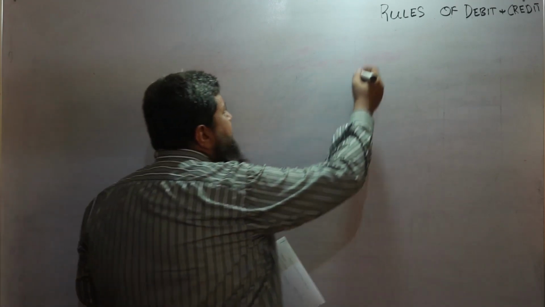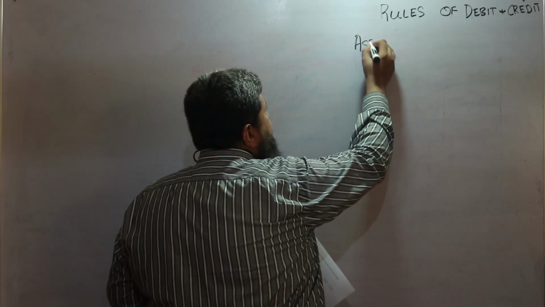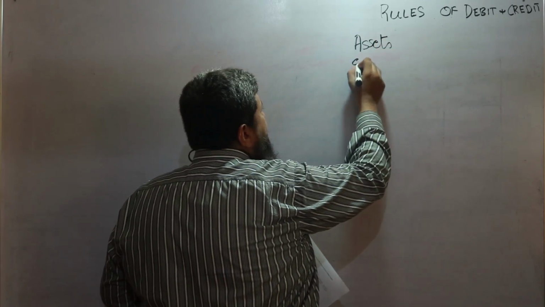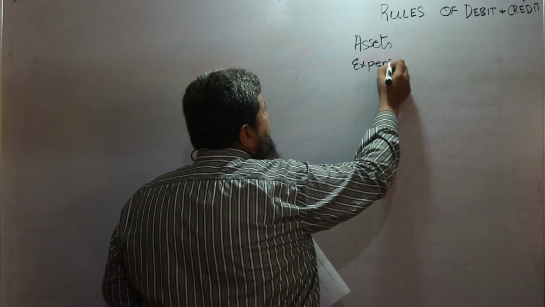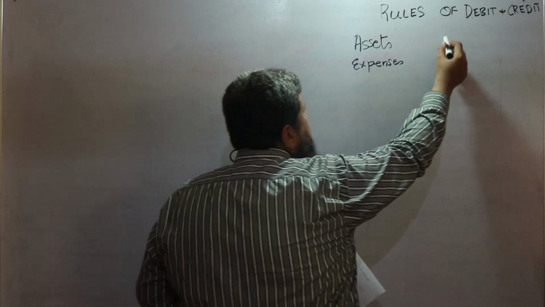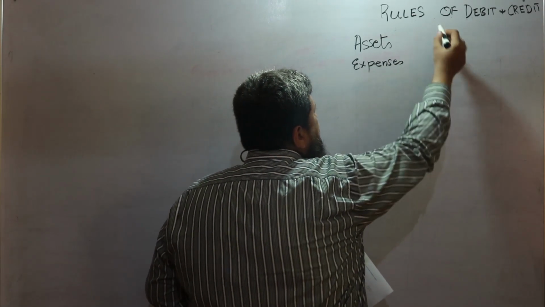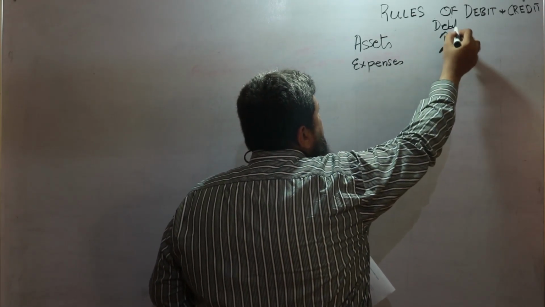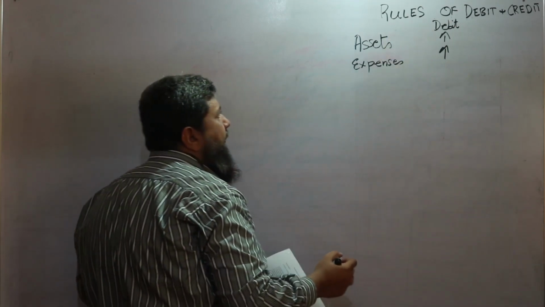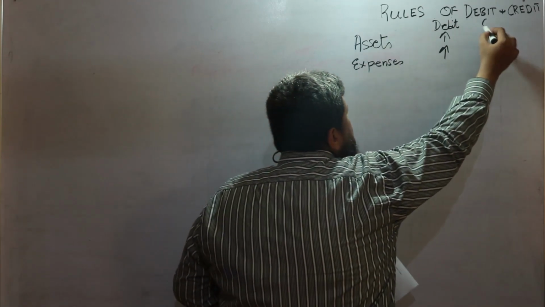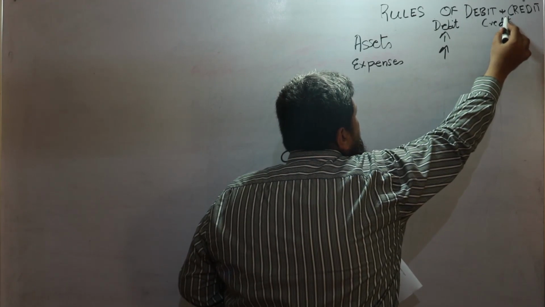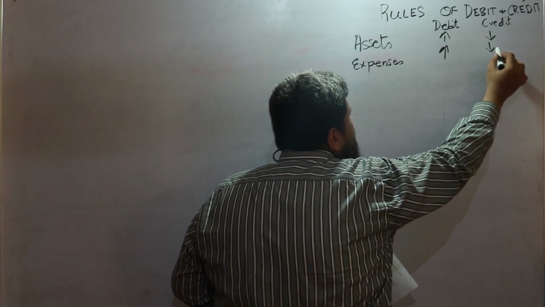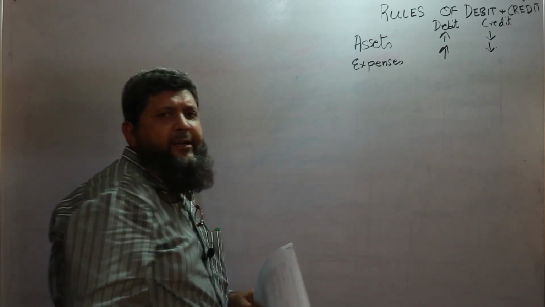The set of rules of debit and credit says that assets and expenses, if they increase in a business, are written as debit, and when they decrease, they are shown as a credit entry.